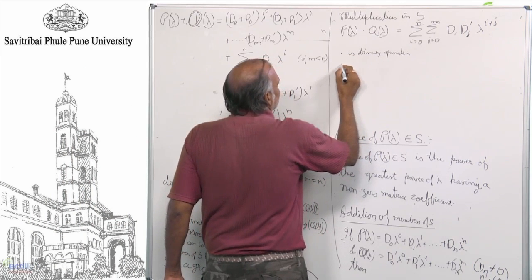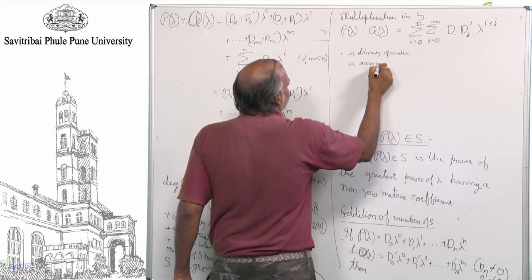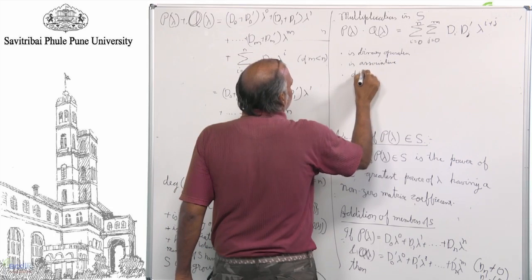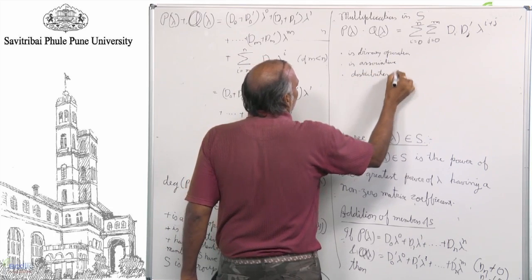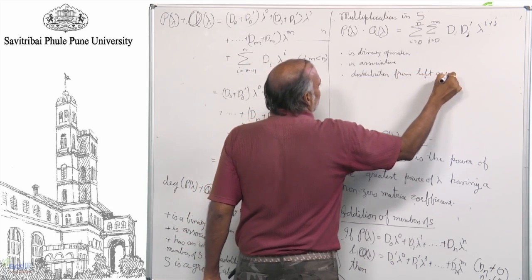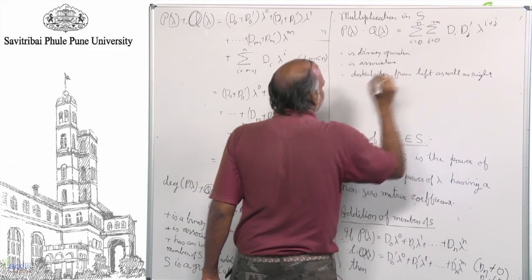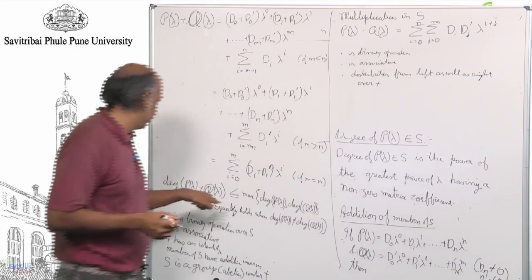Then dot is associative. Dot distributes from left as well as right over the plus operation.